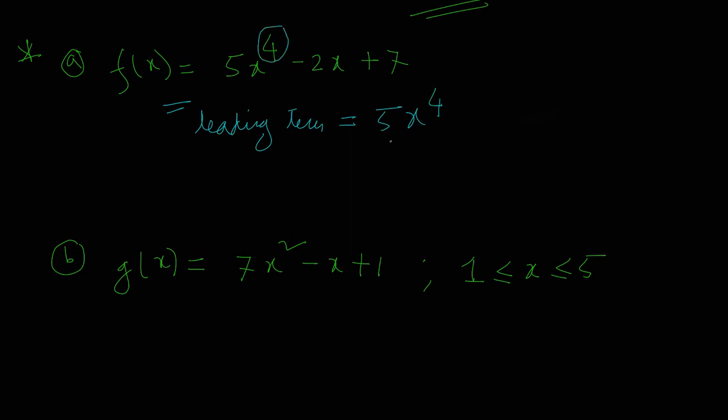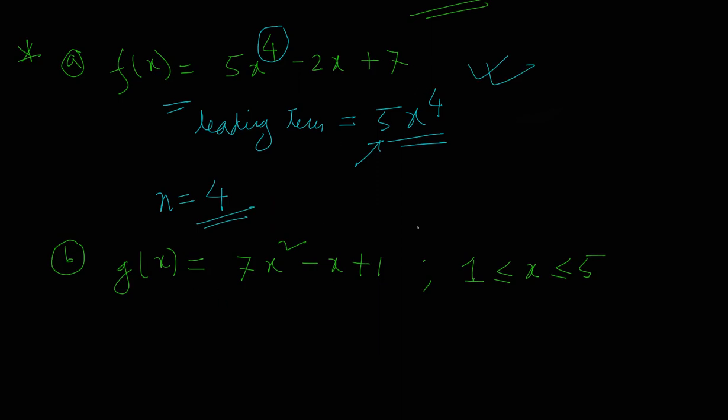Okay, so this is my leading term, and the leading coefficient is 5, and this is a fourth degree polynomial, because n equals 4. So this will be a polynomial because it satisfies everything.